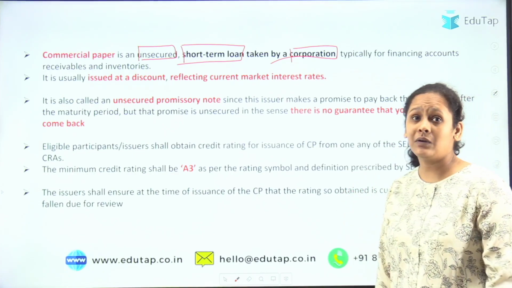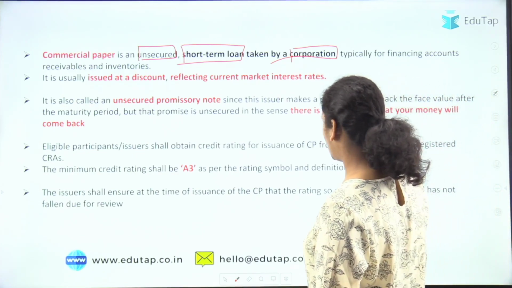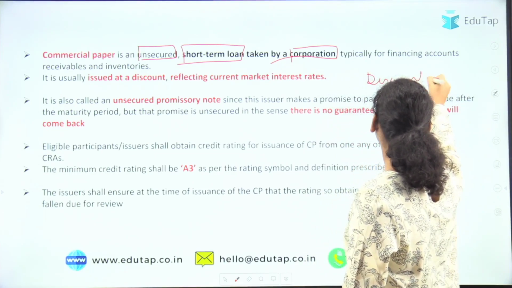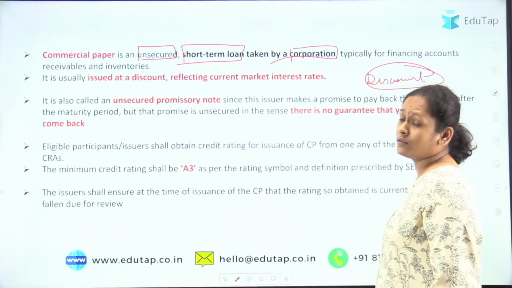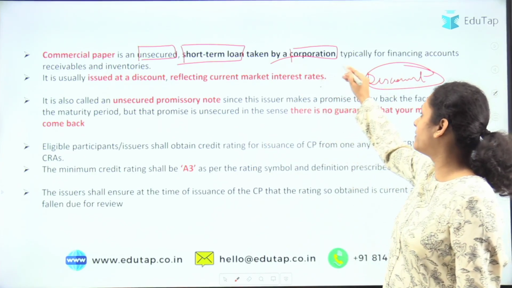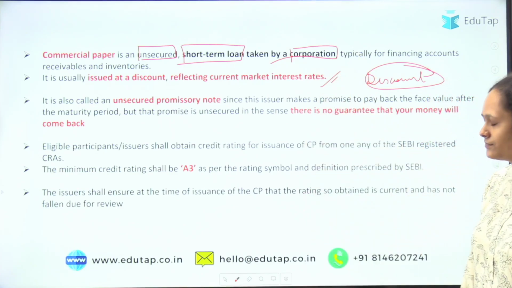ठीक है. Now keep in mind that these commercial papers are issued at a discount. इस पे face value पे discount क्यों होता है? ये reflect करता है the prevailing market interest rates को.